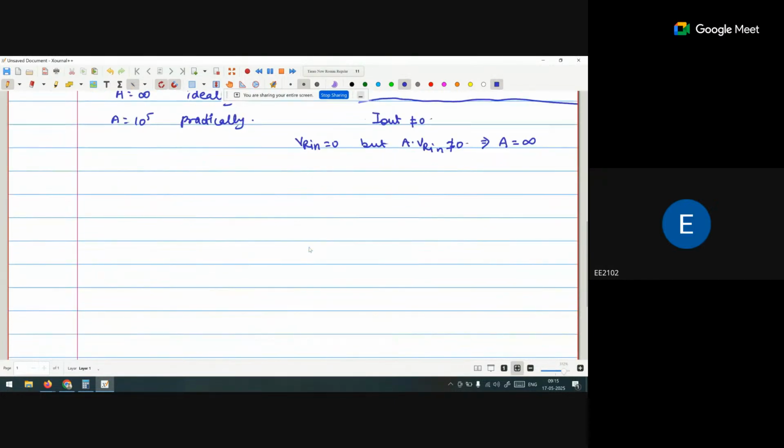Now, bandwidth. We discussed the practical operational amplifier in week 7. When we went through week 7, we discussed the practical, non-ideal operational amplifier. Here you discuss the amplifier gain as well as the bandwidth.